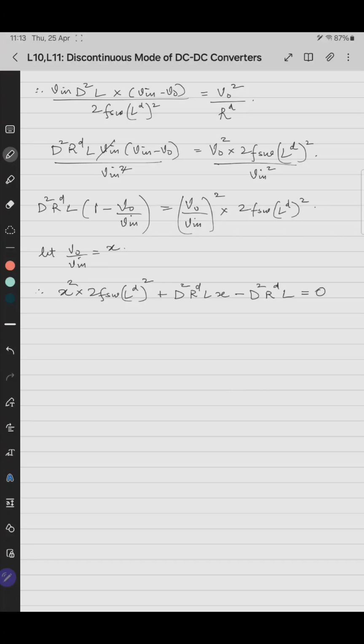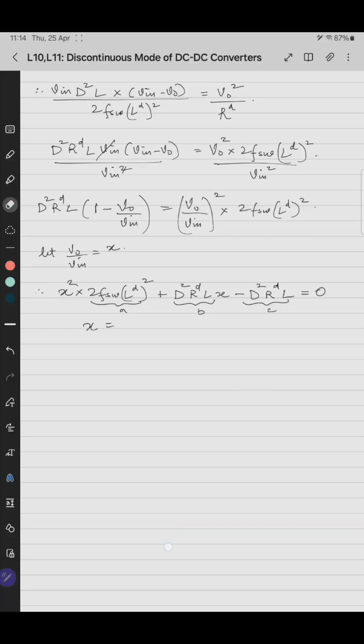It was a minus sign on that side, so here it will be plus D square RDL into X minus D square RD into L equals 0. So we'll find X using the quadratic rule. This is A, this is B, and this is C.